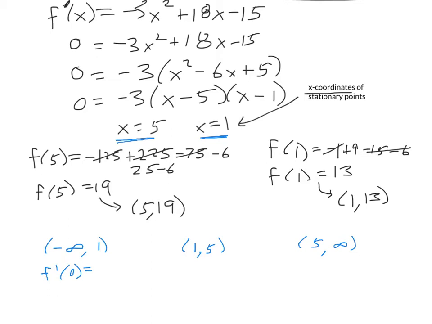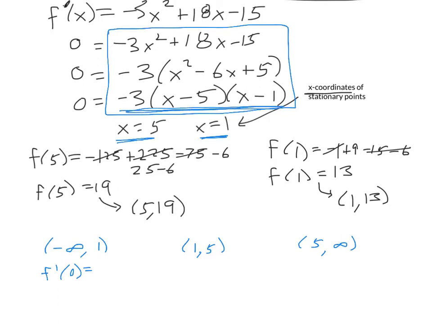And you may recall from yesterday's lesson that you want to plug that into any of these derivatives. I usually like to go with the factored one because it ends up making it really, really quick. The important part is, when you were doing this work on your own, if you divided this negative 3 over, you still have to use the actual original statement of the derivative. So when I test this here, I'm going to have negative 3 times negative 5 times negative 1.